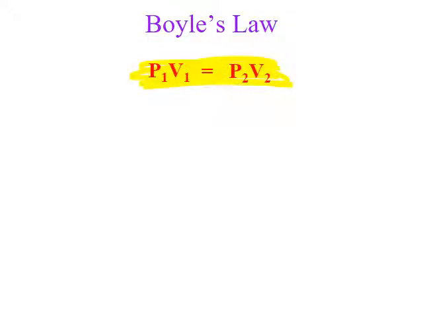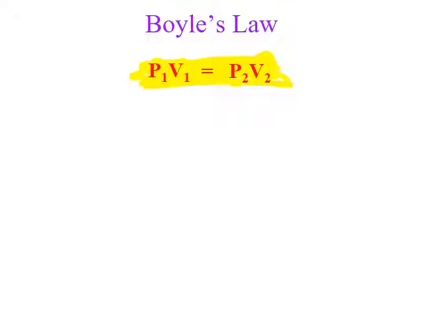Whenever you get a question to use this Boyle's law, the only thing you have to make sure is that the units of P1 and P2 should be the same and the units of V1 and V2 should be the same. Here P1 and V1 are the pressure and volume of the initial state that the gas is in, and P2 and V2 are the pressure and volume of the gas in the final state.